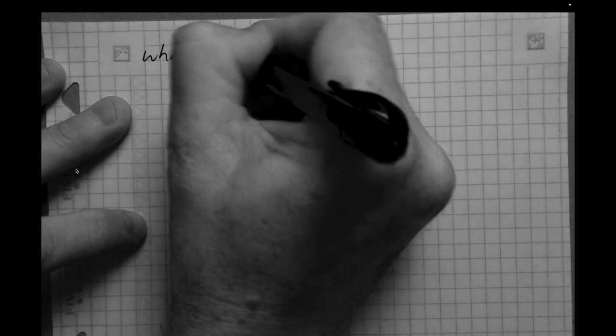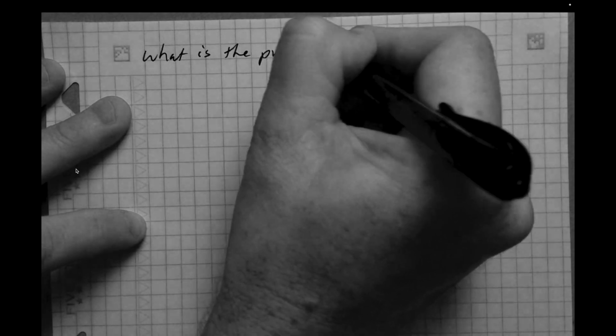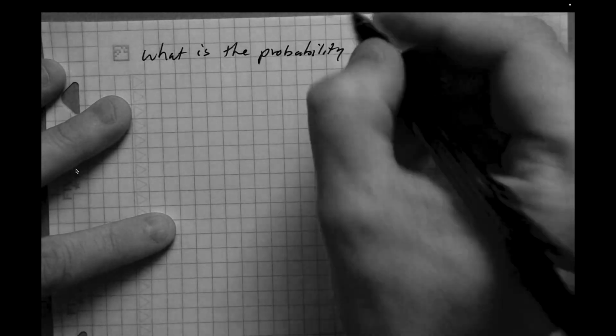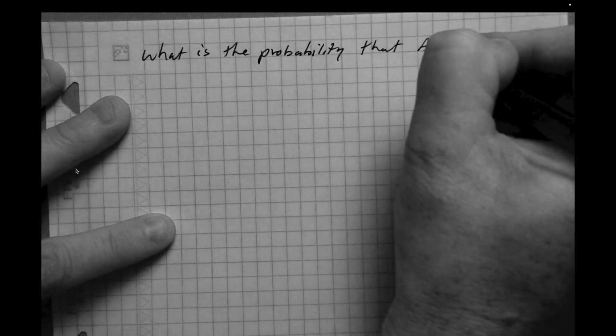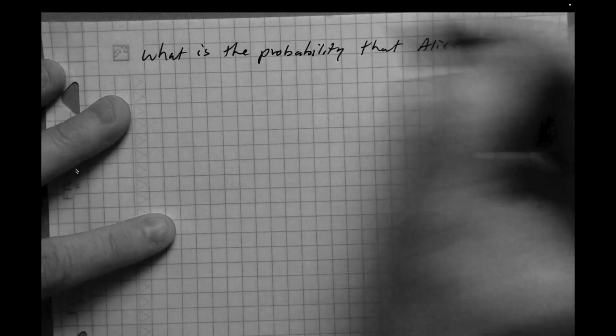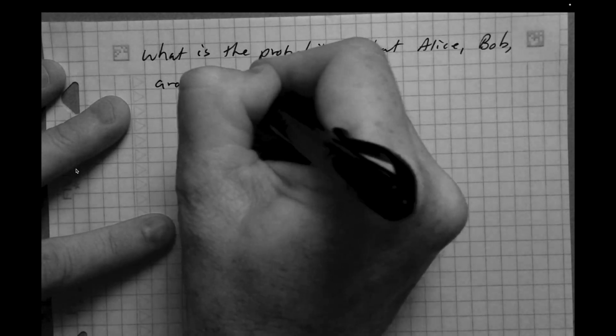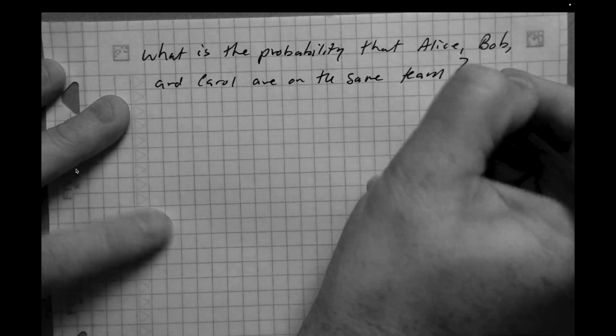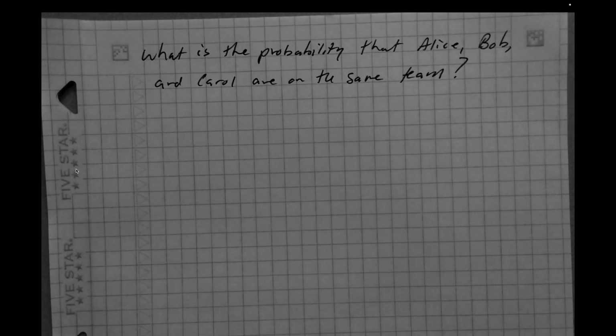Let's talk about the second part of the problem now. The second part of the problem asks, what is the probability that Alice, Bob, and Carol are all on the same team?